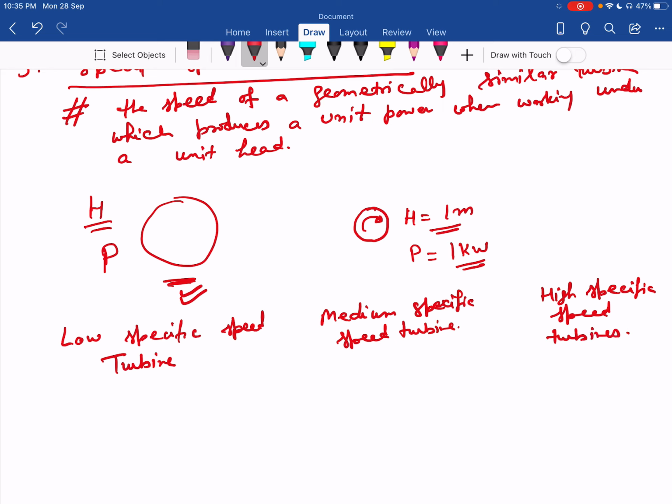Now this range is up to 50, this is 50 to 250, and this is 250 and above.